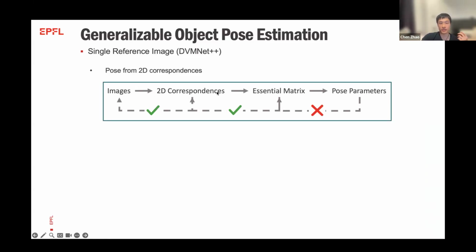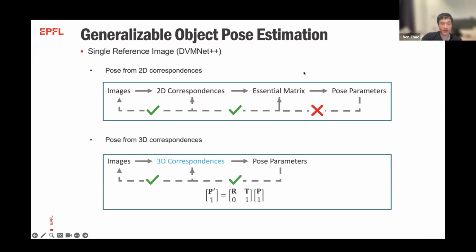We have images, we have 2D correspondences, and based on 2D correspondences, we compute an essential matrix. And based on the essential matrix, we recover the pose parameters. You can see here, the whole estimation is not fully differentiable because of this part, from essential matrix to pose parameters. So that's why the whole pipeline is not fully differentiable.